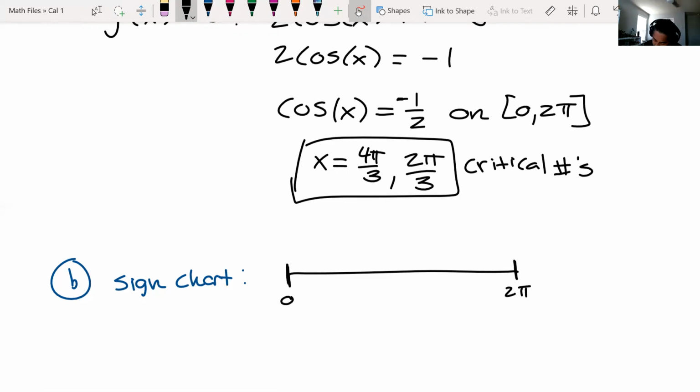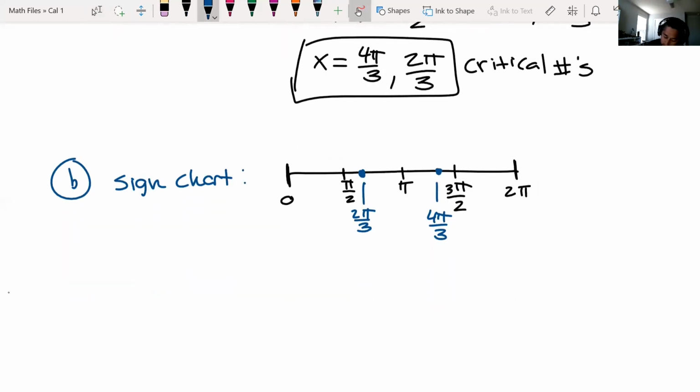So this is 0, and this will be pi over 2. And then this will be pi. And then that'll be 3 pi over 2. And now you know where your values go. 2 pi over 3 is going to be right here. And 4 pi over 3 is going to be right there. Just so you know how to pick your x values.